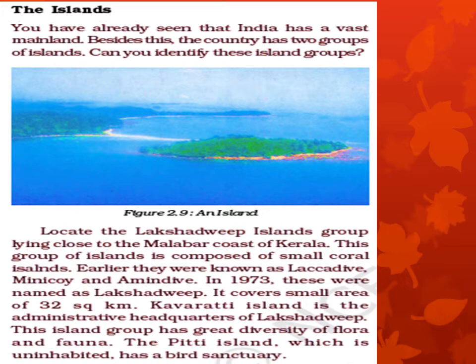Earlier Lakshadweep Island was known as Laccadive, Minicoy and Amindivi. In 1973, these were named as Lakshadweep. Lakshadweep covers a small area of 32 square kilometers, and Kavaratti Island is the administrative headquarters of the Lakshadweep.